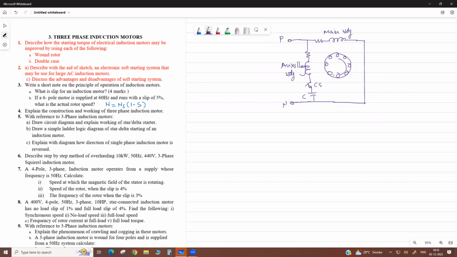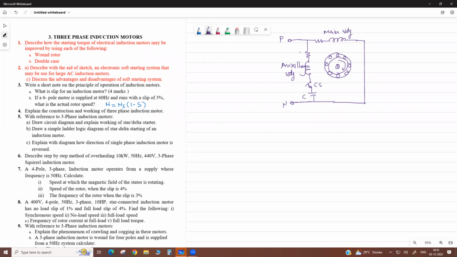This is your rotor. Now, if we want to reverse, suppose in this case it is rotating anti-clockwise, then how do we reverse this?